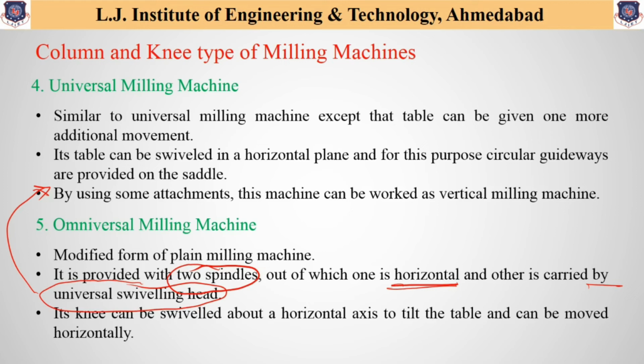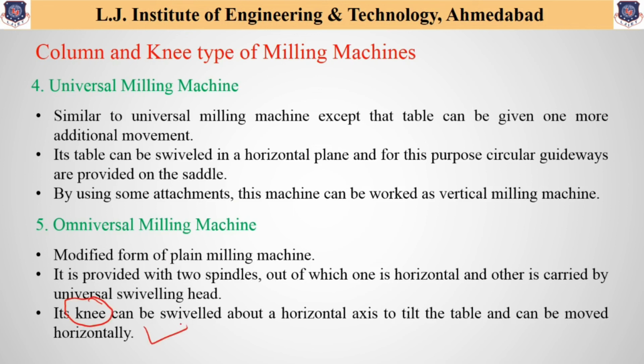That means the main advantage of this omniversal milling machine is that more than one tool can be attached because it is provided with two spindles. And another part, that is, its knee can be swiveled about a horizontal axis to tilt the table, and it can be moved horizontally. So another advantage is that its knee can also be swiveled.